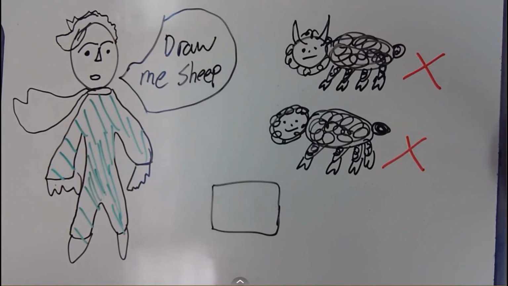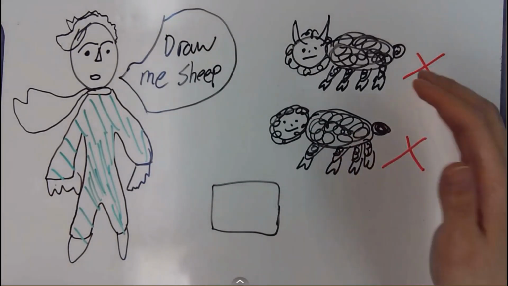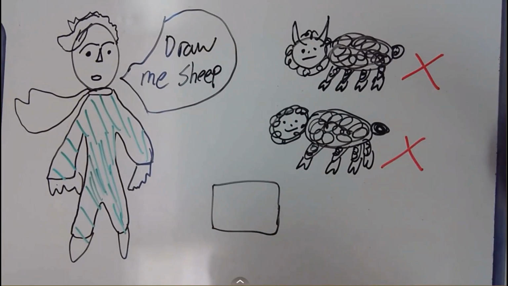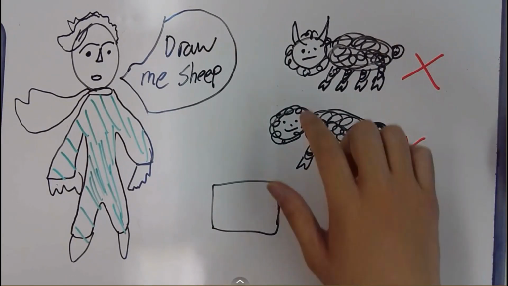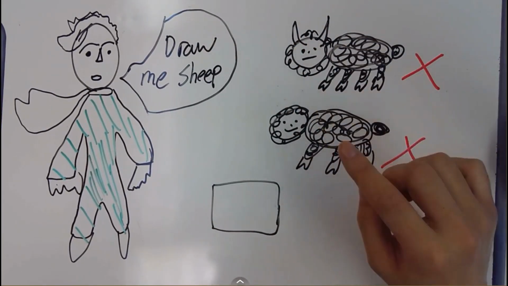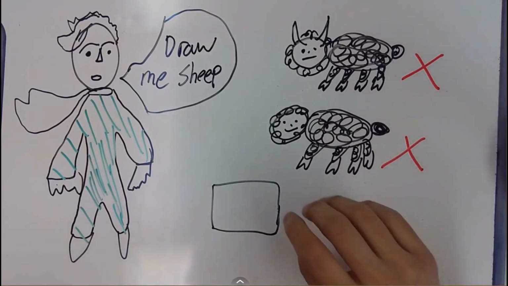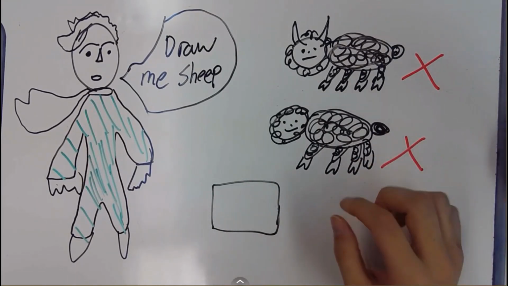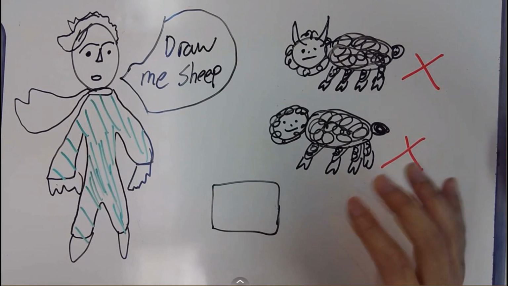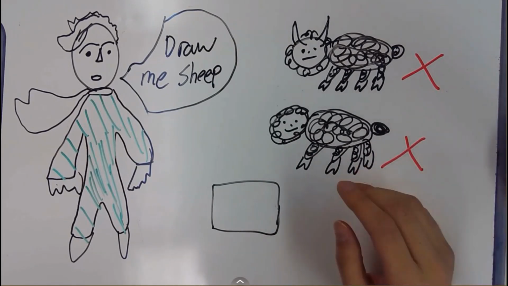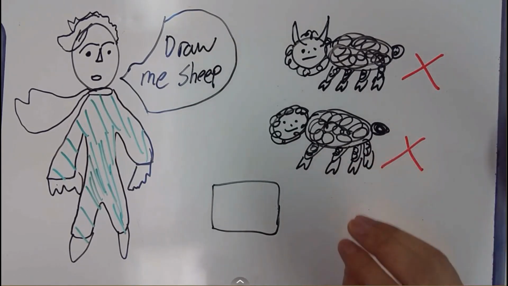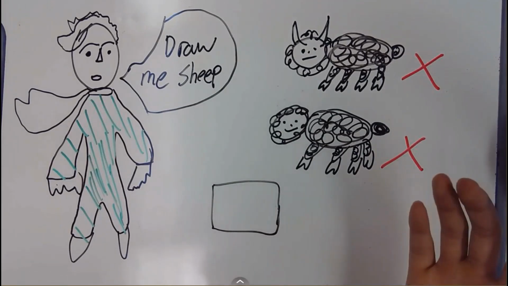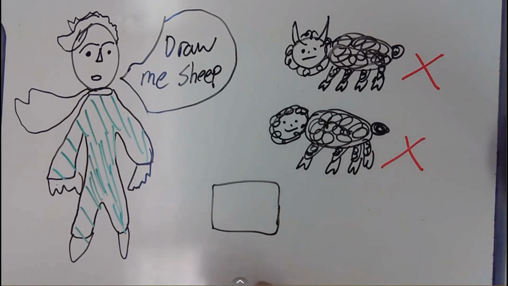The pilot draws the first sheep, and the little prince says, "It has little horns and it looks weird, so I don't like it." Then he draws another one, and the prince says, "Oh, it has a weird nose," and he doesn't like it. He draws several more sheep, but the prince is still not satisfied.